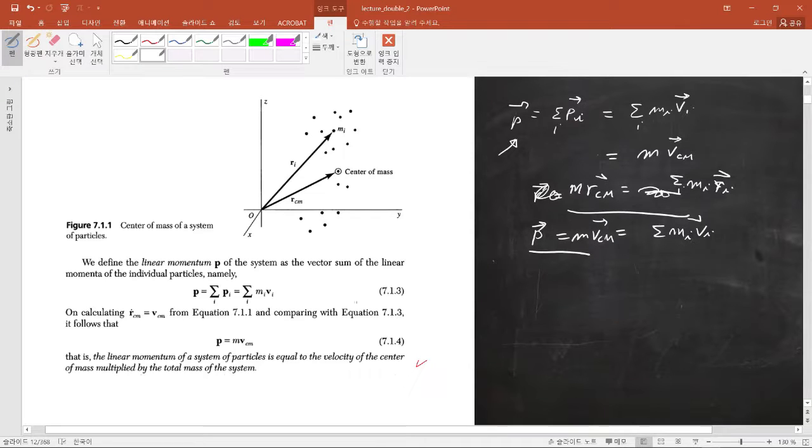So P, the total momentum, is given by the center of mass momentum. The linear momentum of a system of particles is equal to the velocity of the center of mass multiplied by the total mass of the system.